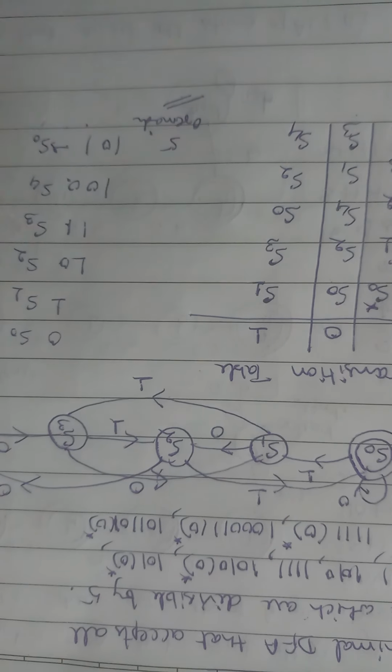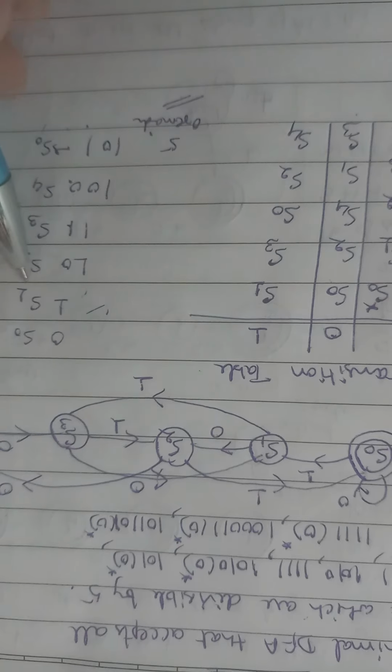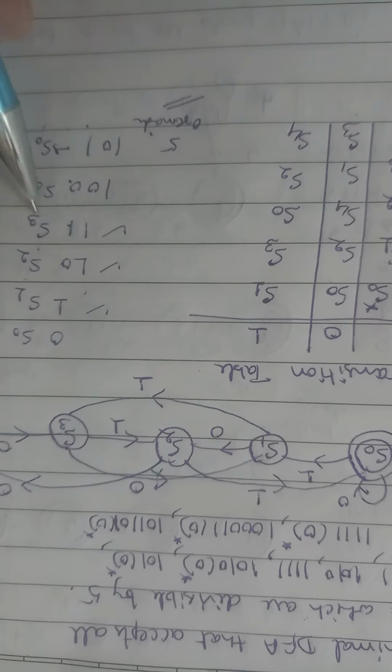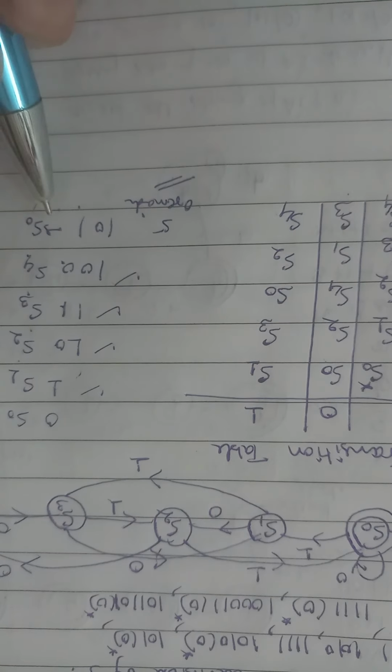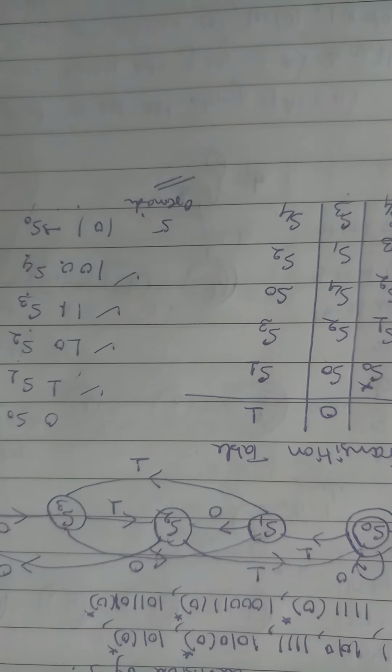Whenever we are having 1 remainder, then S1; 2 remainder, then S2; 3 remainder, then S3; and 4 remainder, then S4. And whenever we are reaching on 0 remainder, it means we are getting 5 or a multiple of 5, then we are reaching on S0.